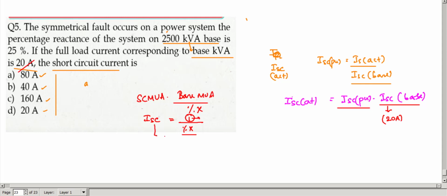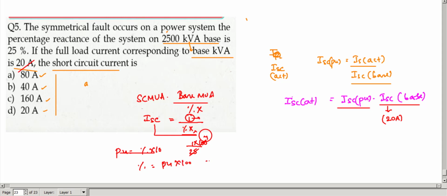We know that. So 1 by 25 by 100 equals 4. Per unit value how much? Sorry, percentage equals per unit into 100.